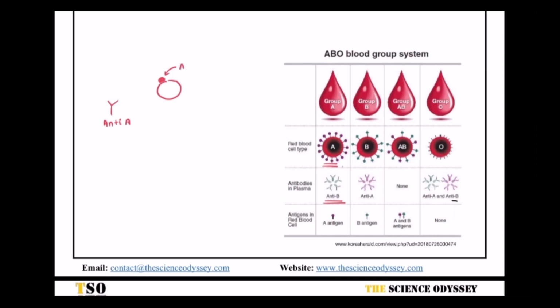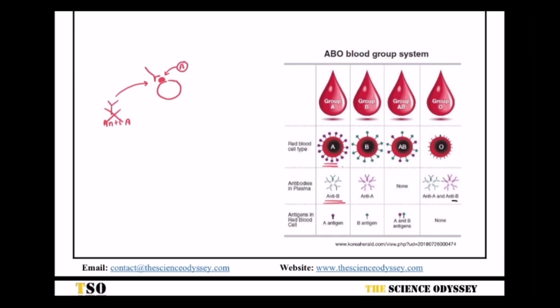In this case, the antibody would bind to the blood cells, leading to the destruction of the RBC. That is why you cannot have anti-A in a person who has the A determinant on the RBC.